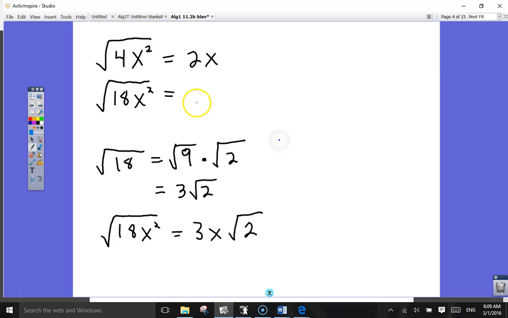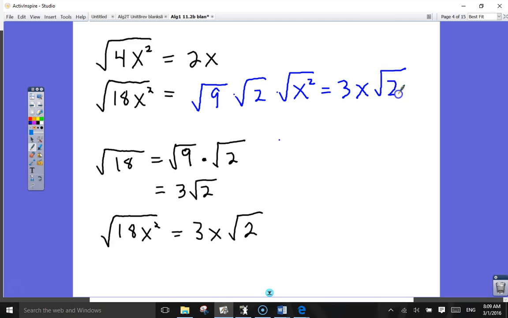This is going to be the square root of 9 times the square root of 2 times the square root of x squared. Just split them up. And then the square root of 9 is 3. The square root of x squared is x. And then the square root of 2 you can't simplify.